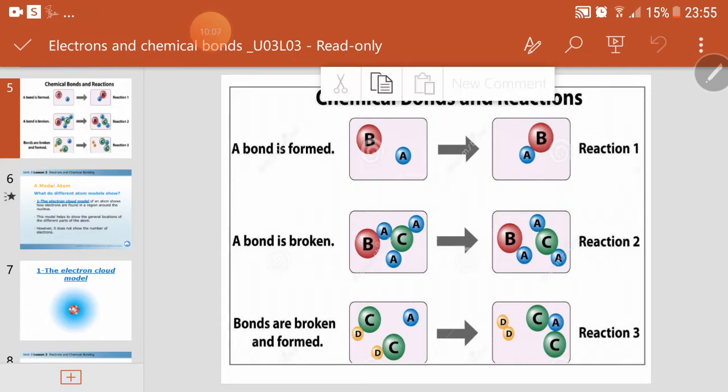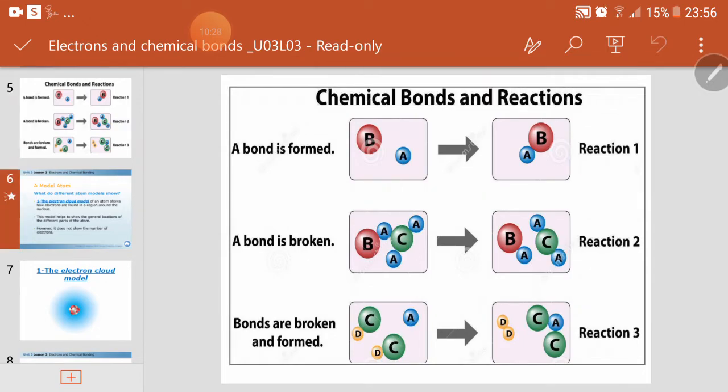That's what happens. Nothing else can cause a chemical reaction. The chemical reaction can take place by forming bonds, breaking bonds, or forming and breaking bonds. That's it. No other choice.